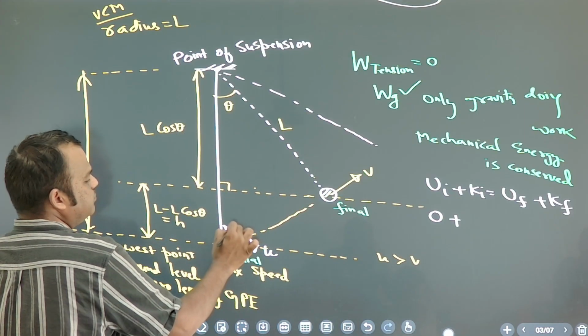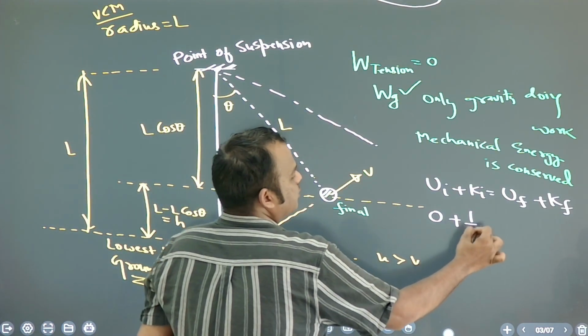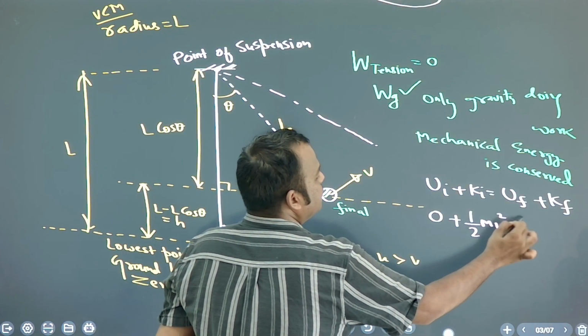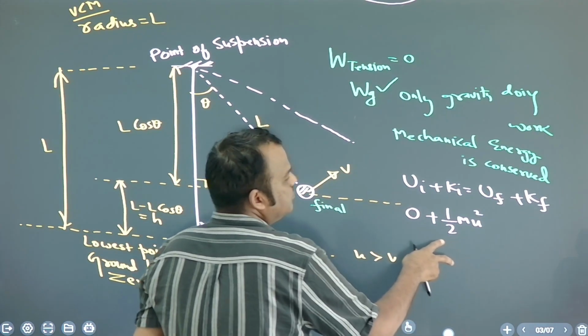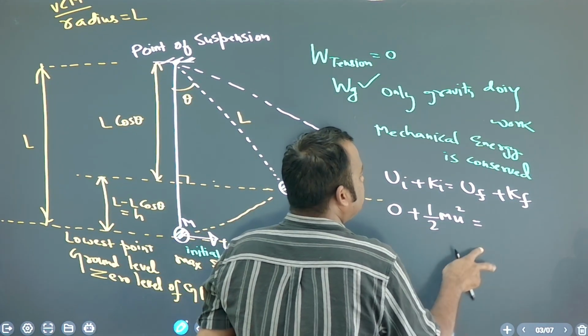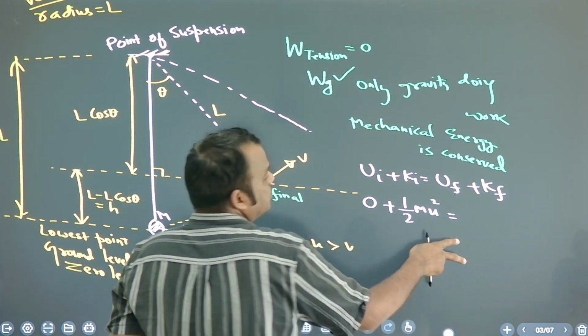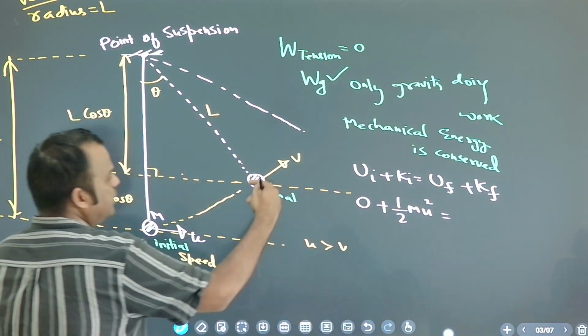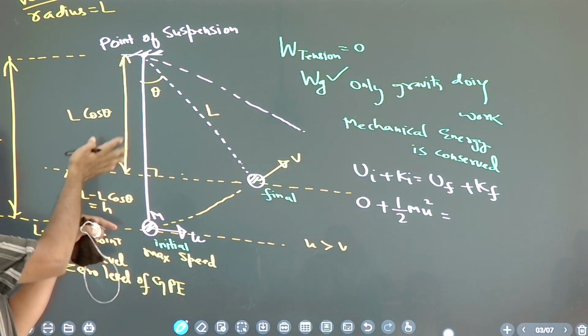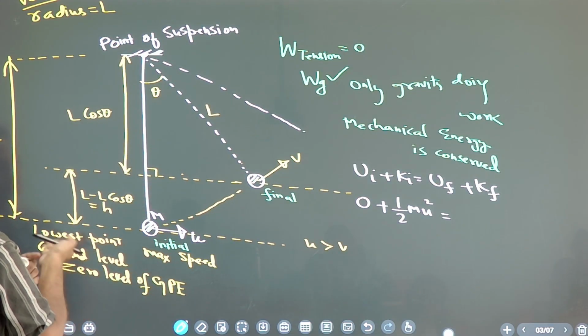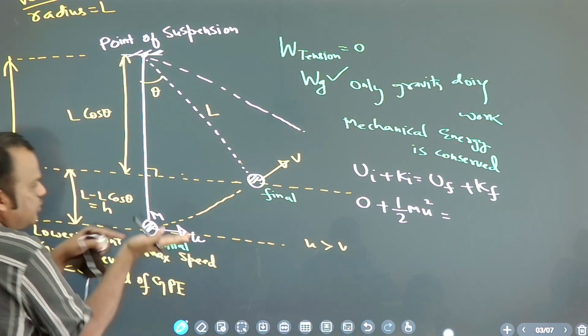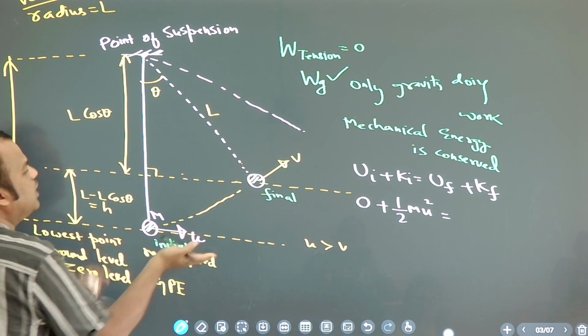Mass is m. Half m u square. And what is U final here? You are going above or below? Above. How much above?